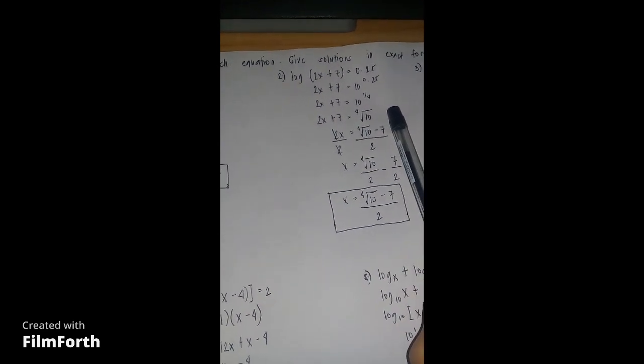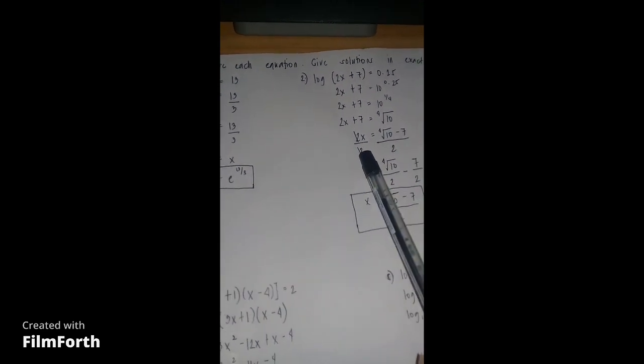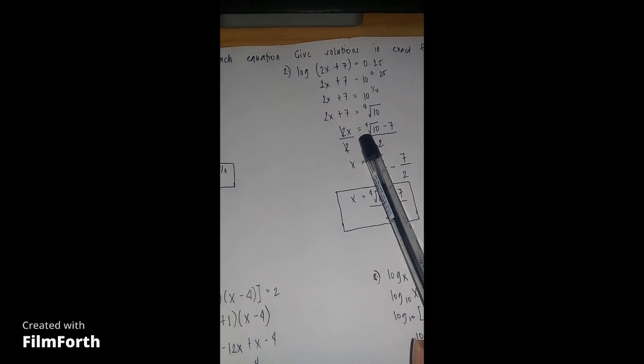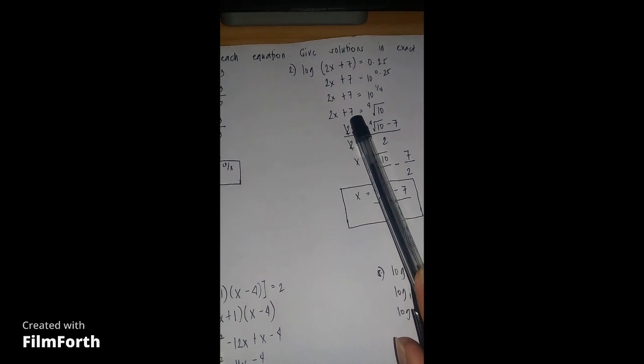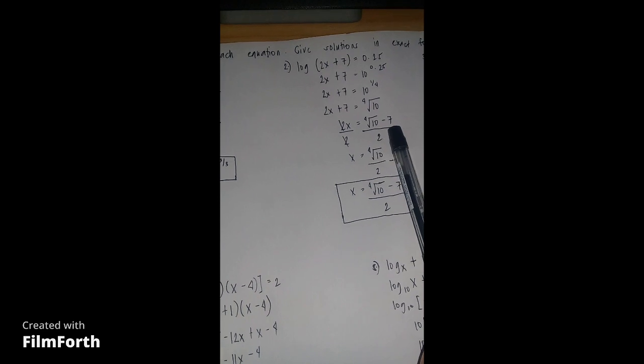It's equal, but we should put the square root for square root of 10. So copy 2x equals and copy 4 square root of 10, then the positive 7 transposed to the left must be negative 7.